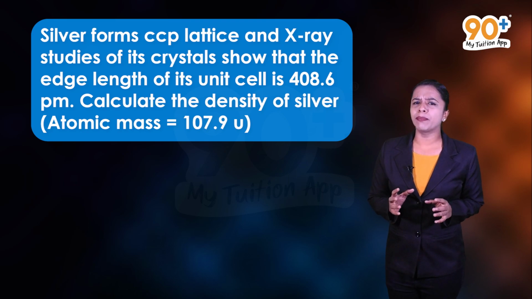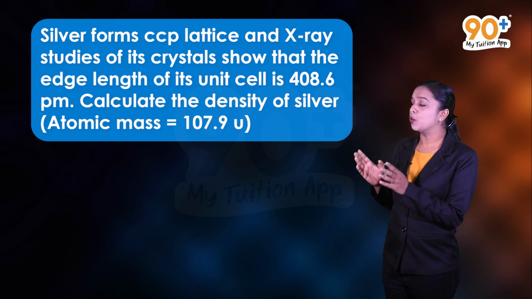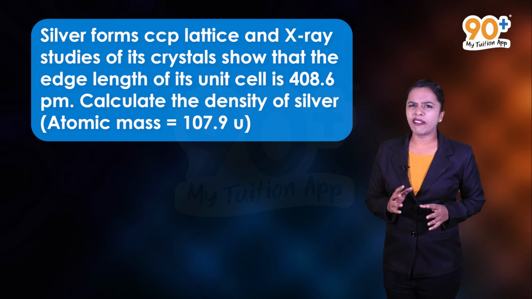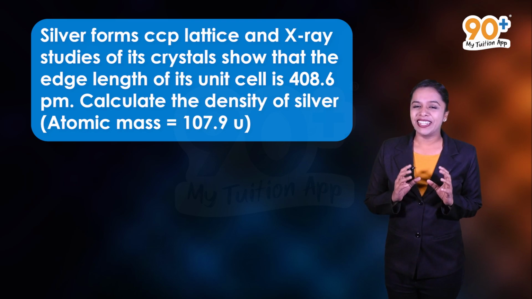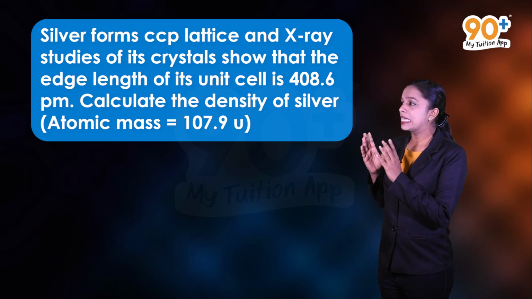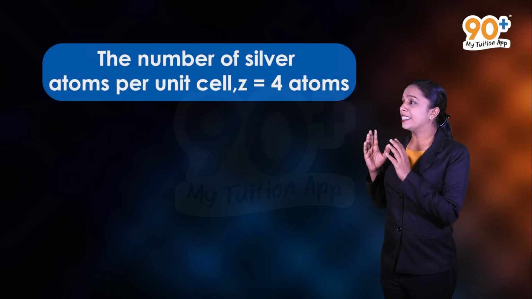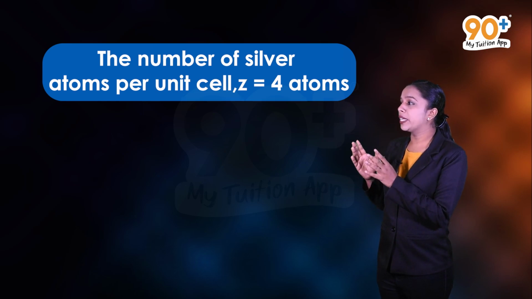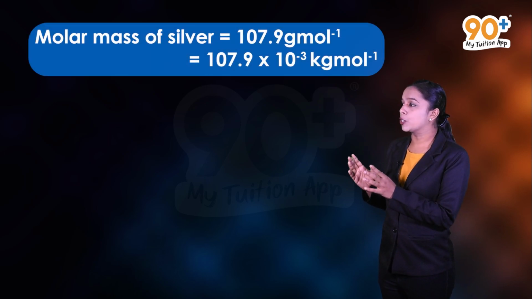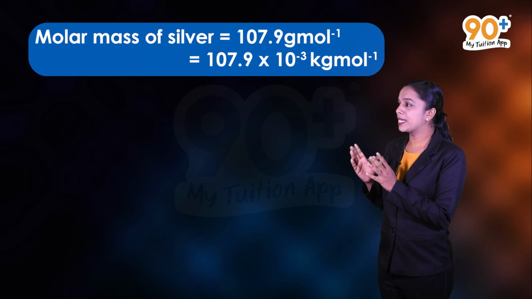Well, the atomic mass of silver is equal to 107.9 unit. Do you have any idea about the answer? Well, let's discuss. Here, the lattice is CCP. Then the number of silver atoms per unit cell, Z, is equal to 4, and the molar mass of silver is equal to 107.9 gram mole raised to minus 1.